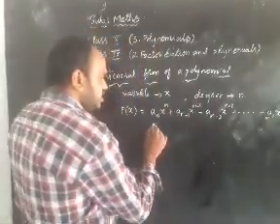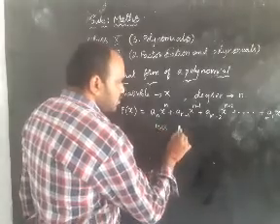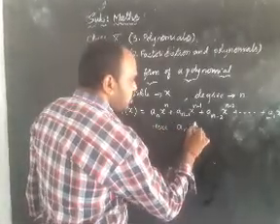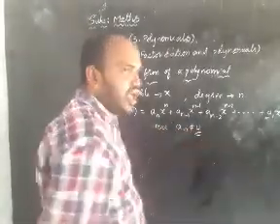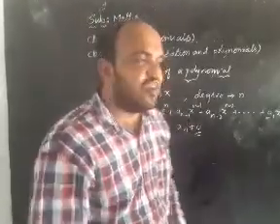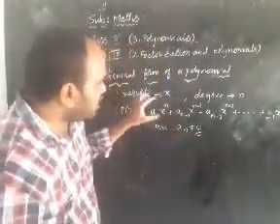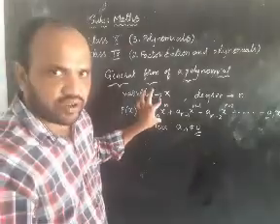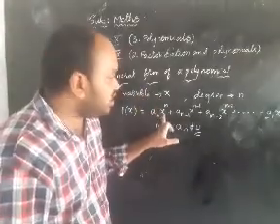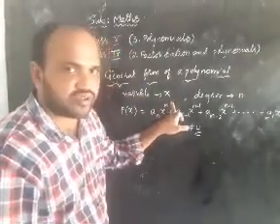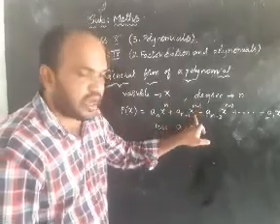Here the condition is an must not be equal to 0. Why? If an is equal to 0, then this term becomes 0, and we won't have the highest power as n. We get the highest power as n minus 1.